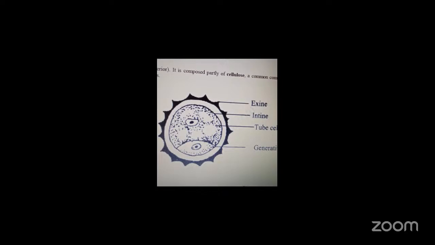Four megaspores are developed from each megaspore mother cell during the meiotic division. The ovule is considered to be an integumented megasporangium. The ovule consists of the stalk and the body. The stalk is called funicle. One end of the funicle is attached to the placenta and the other end to the ovule body.